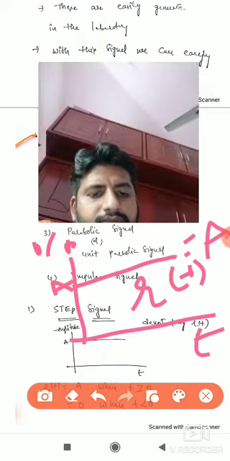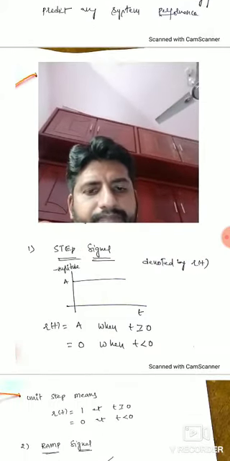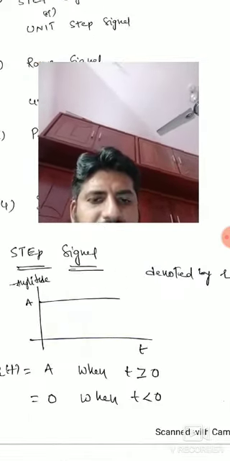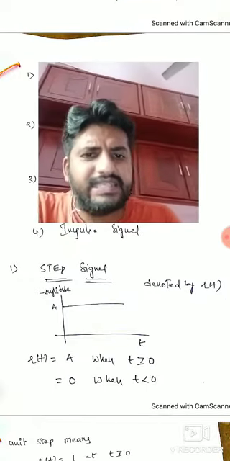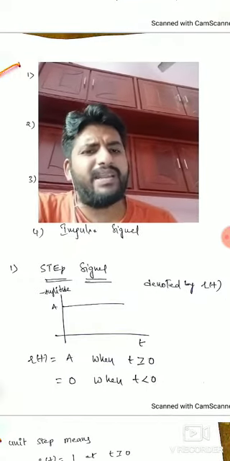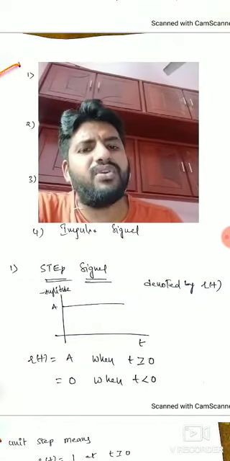This is the step signal. You can easily generate this in your laboratory by applying just a simple knob. If you adjust that knob, you will get the step signal, so directly you can apply it to the system and predict the performance of the system.